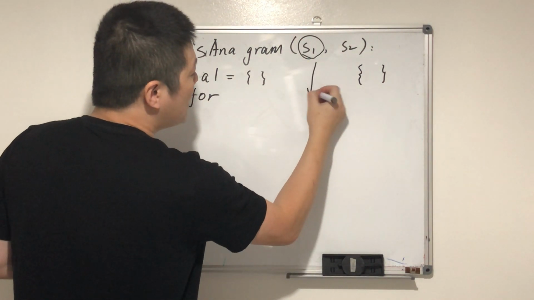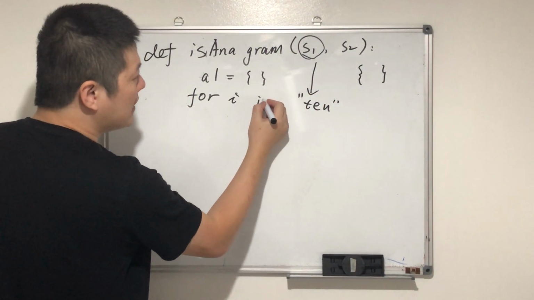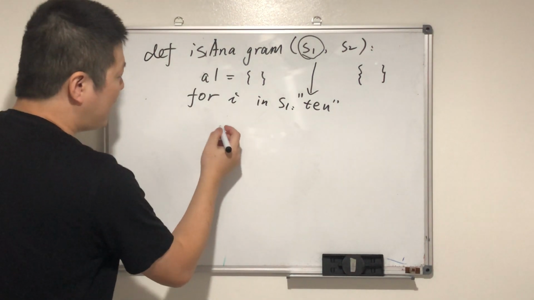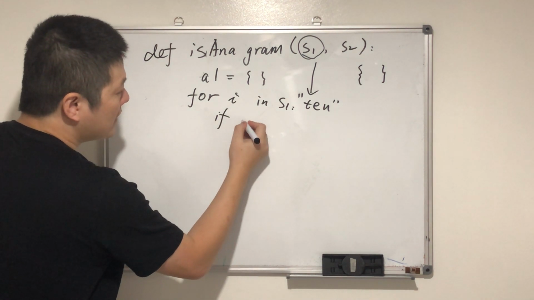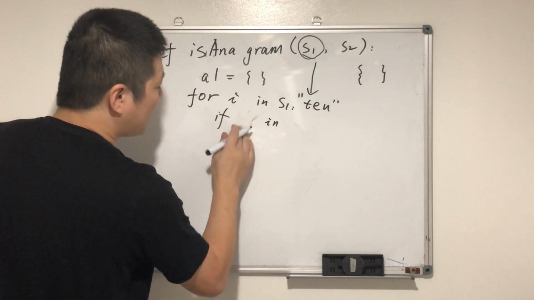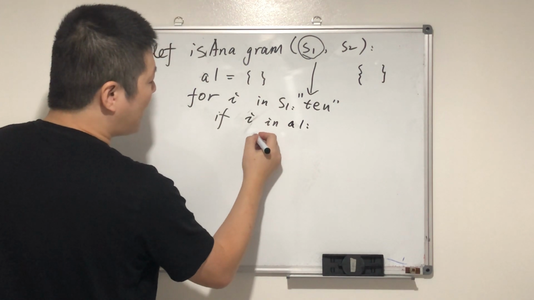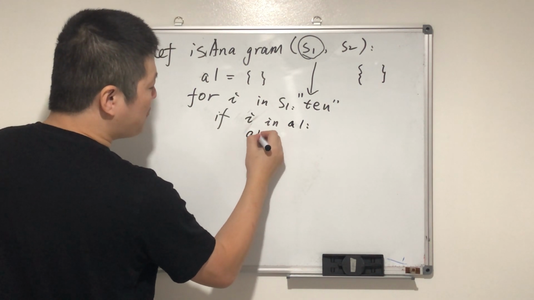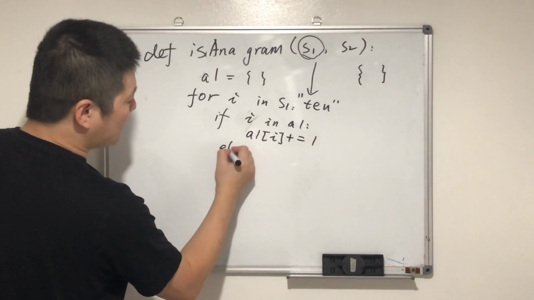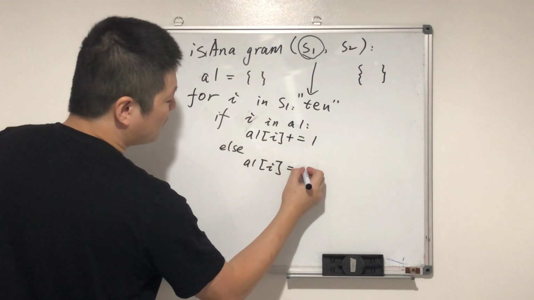For example, if this is ten, for I in S1, what am I missing here? Colon, yes. And then if I in A1, then I can do A1[I] plus equals 1, else A1[I] equals 1, okay?